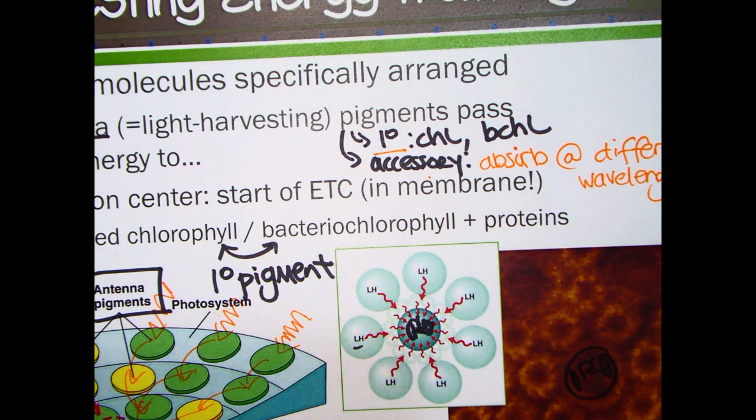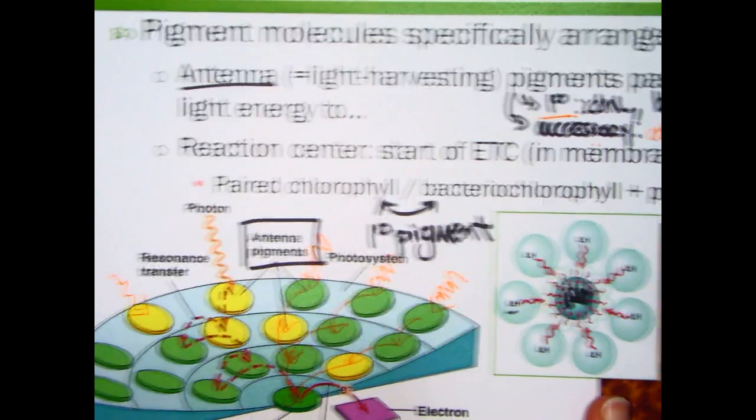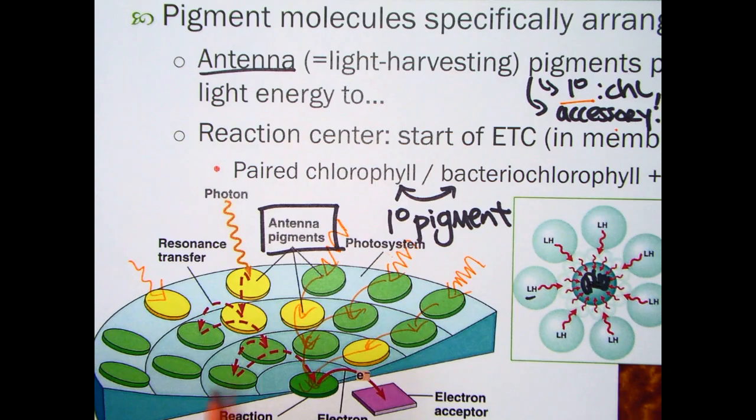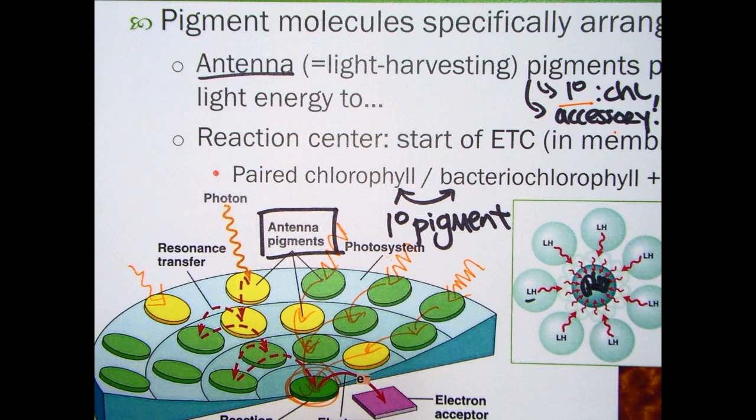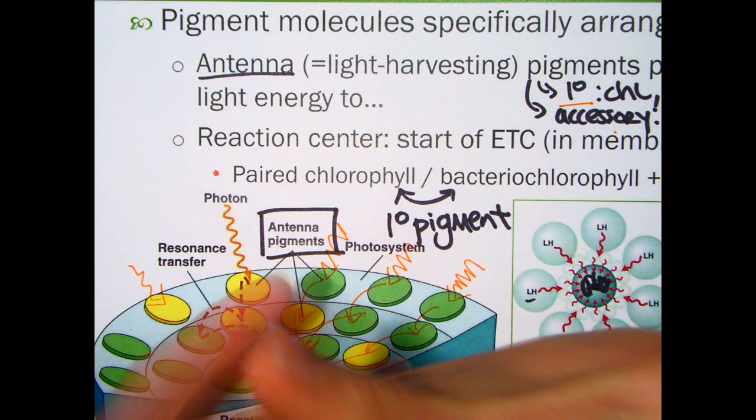So these primary pigments and these accessory or light harvesting pigments will form in rings around the reaction center, which is a pair of molecules of the primary pigment. So all of this light energy is absorbed, and then it is all passed right there.